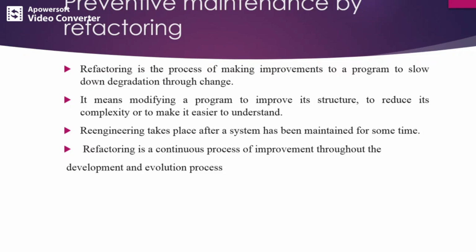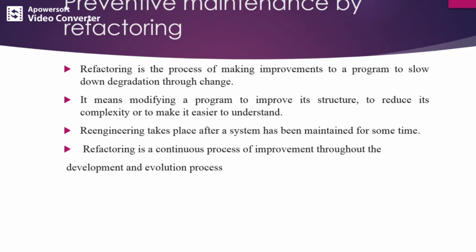Next we'll see preventive maintenance by refactoring. What do you mean by refactoring? Refactoring is nothing but making improvements to your program to slow down the degradation. If your system's structure has degraded after making changes, then you can go for refactoring.